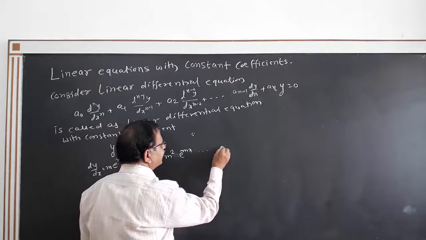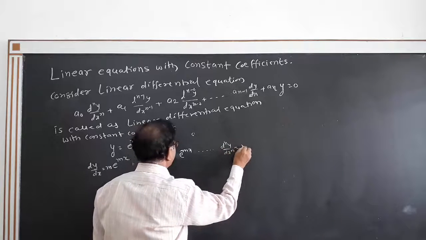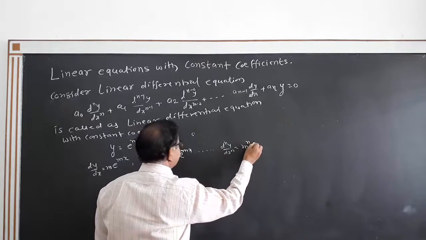Similarly, d^n y by dx^n is equal to m raised to n e raised to mx.